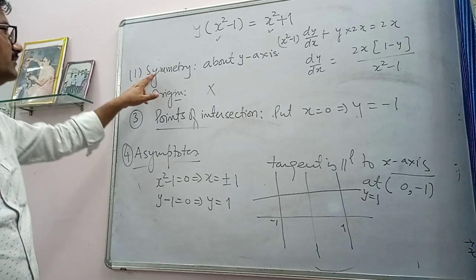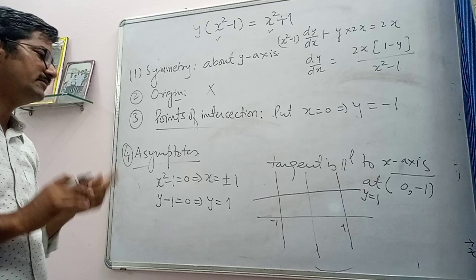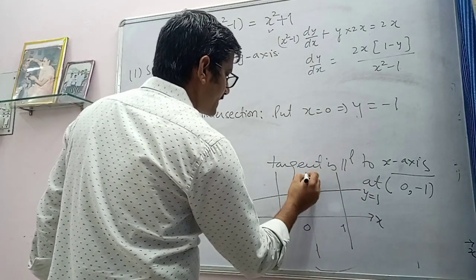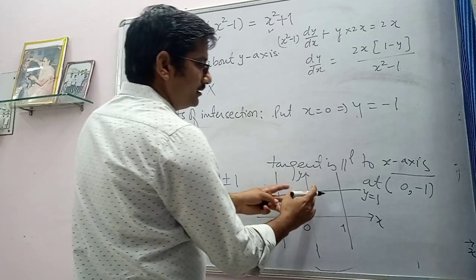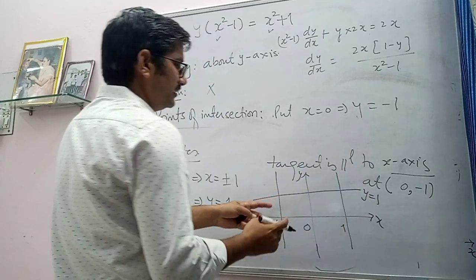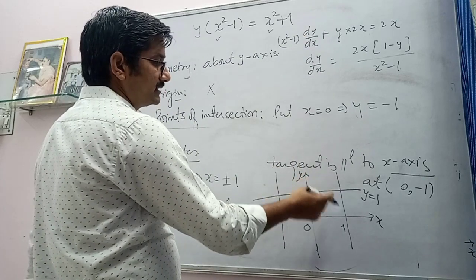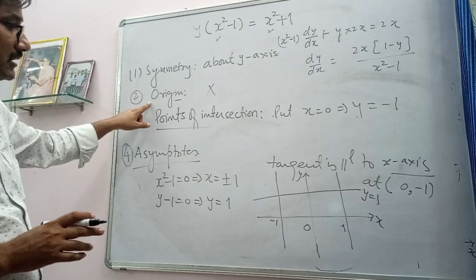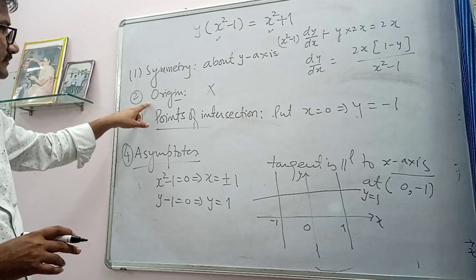First one is symmetry about y-axis. Suppose it is origin, it is x-axis, it is y-axis. So we will draw on the left side of the y-axis, and then with the help of the symmetry we can draw in the right hand side. The curve does not pass through the origin.